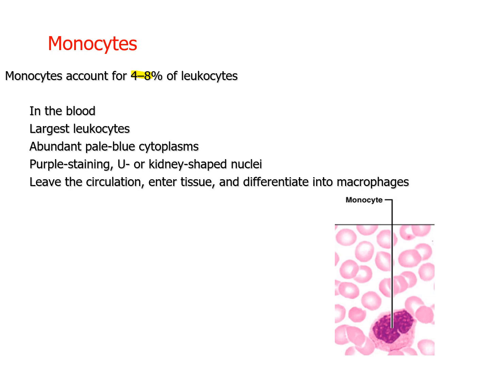Relatively large cells. Here you see this indented or kidney-shaped nucleus on a monocyte. They can leave the circulation and enter into tissues and then differentiate into macrophages. These are somewhat larger, but they retain their characteristic indented or kidney-shaped nucleus.